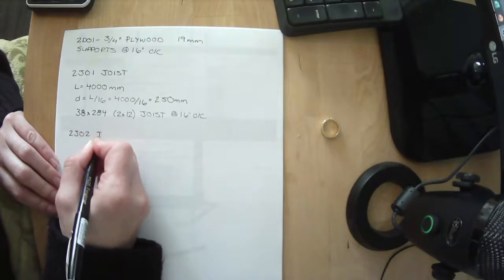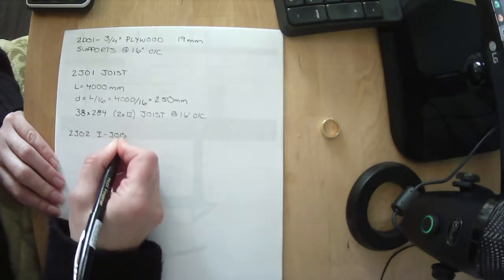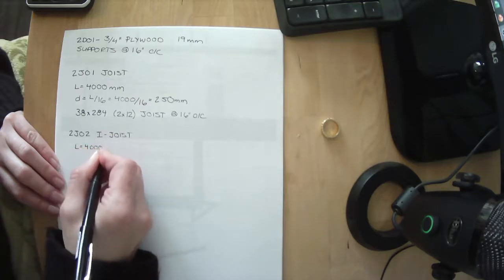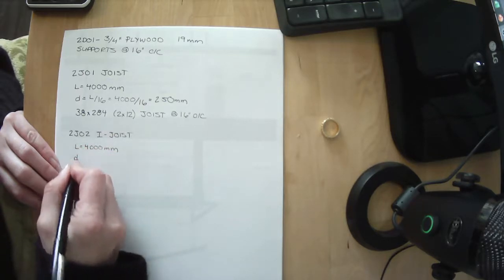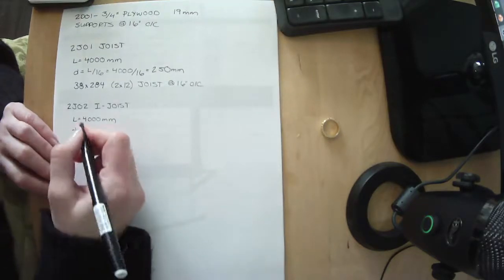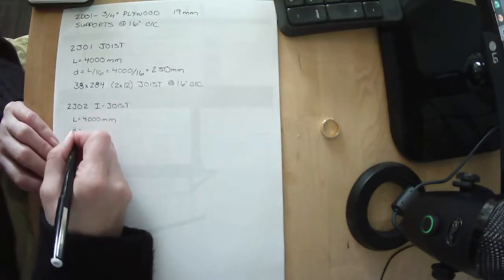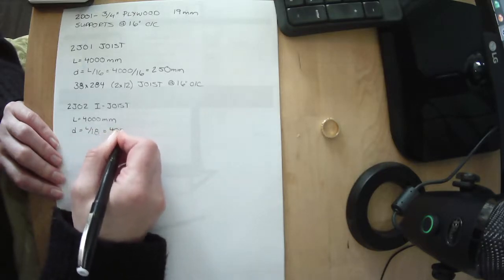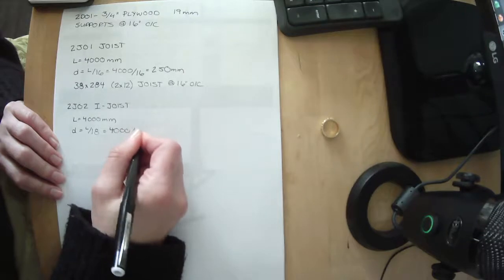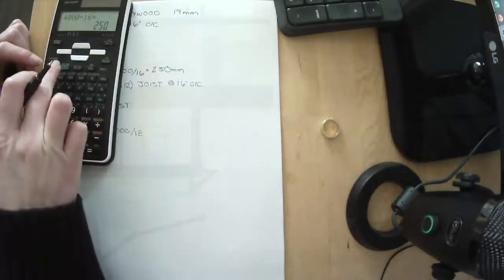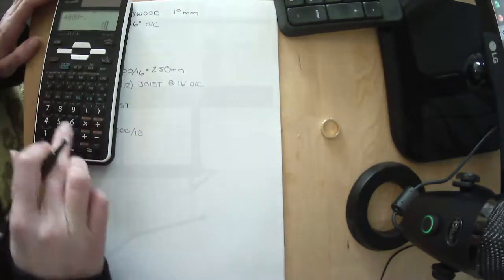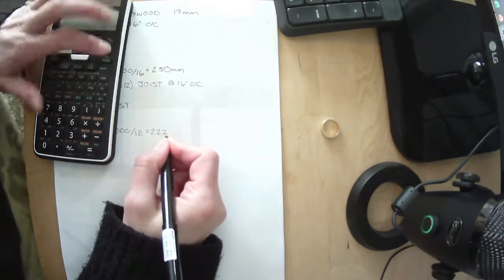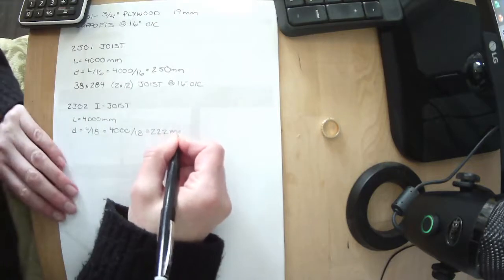2J02 was an I joist spanning the same distance. The sizing guideline for an I joist is L divided by 18, or 4,000 divided by 18 equals 222 millimeters.